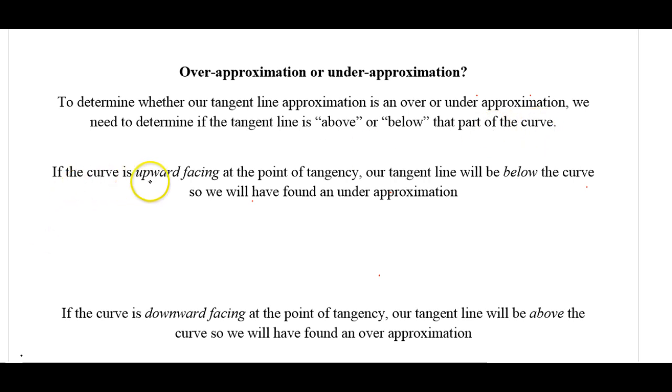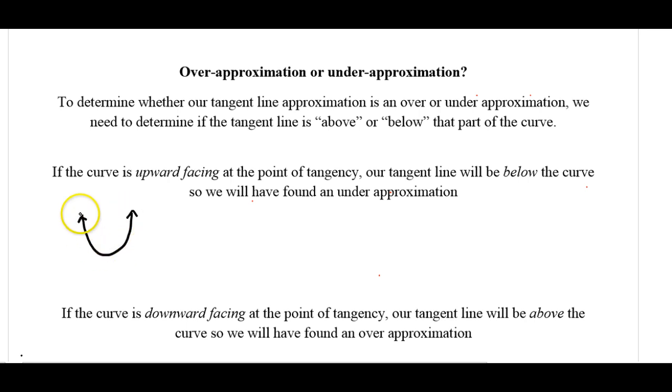So if the curve is upward facing at the point of tangency, so I'm going to draw some examples of what I mean by an upward facing curve. So a parabola would be an example of an upward facing curve, a right side up parabola, or a parabola with a positive leading coefficient would be considered upward facing, because hopefully it's clear to see that if this were a bowl, this bowl would hold water. That's kind of how I want you to think about this upward facing idea.